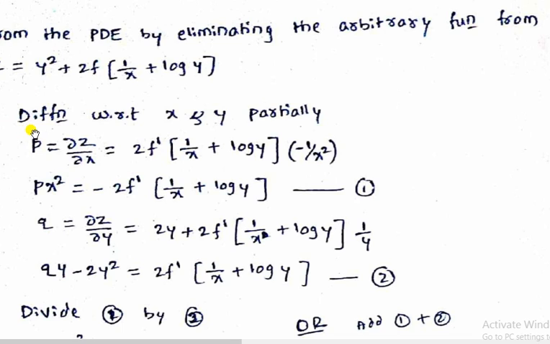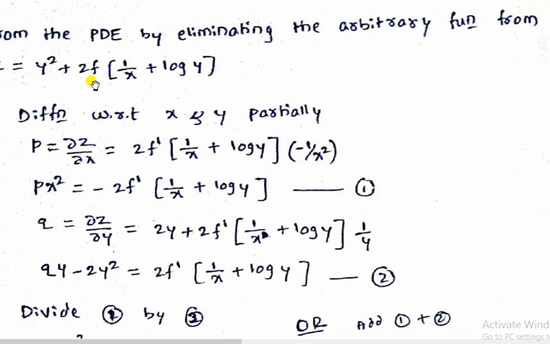Solution: first, differentiate z with respect to x partially. So differentiation of z becomes dou z by dou x, or p. Then differentiation of y square is 0 because it is with respect to x.